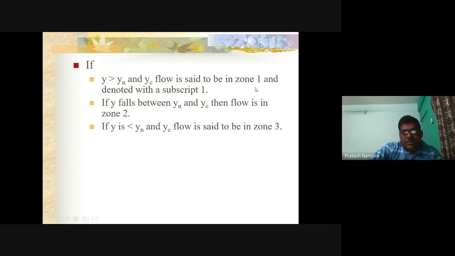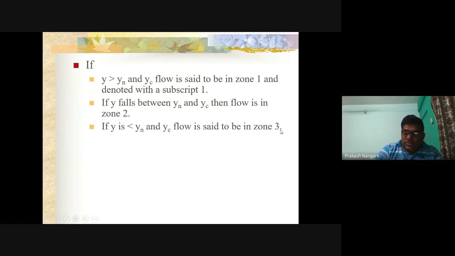Zone 1 represents the case where the depth of the flow is greater than the normal depth and the critical depth. If the depth of the flow lies between the normal depth and the critical depth, then the entire zone is zone 2. If the depth of the flow is below the normal depth and the critical depth, the entire zone is zone 3.